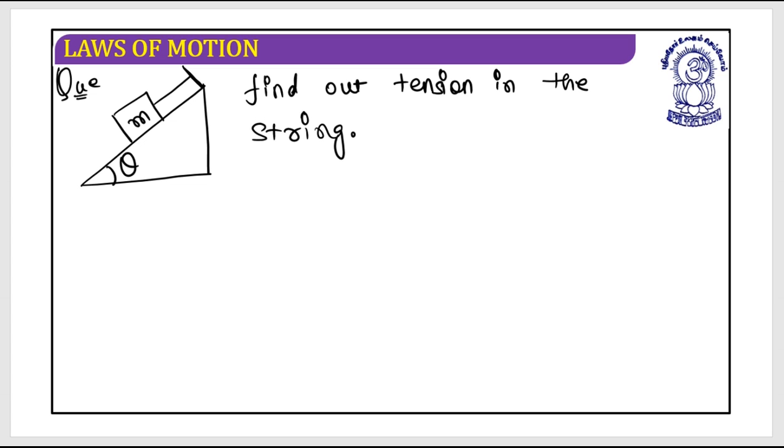This is what they want. Find out the tension in the string. So take your time and think what could be done. Yes, this is with friction. Yes, this is mu.